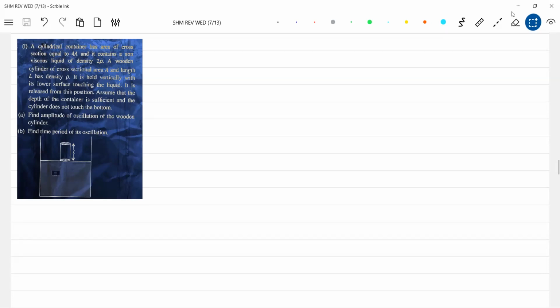If you want, you can draw a diagram, but I don't think it's that much of a necessity. Better to imagine and try to write the equation, because it'll be very lengthy going for diagrams.